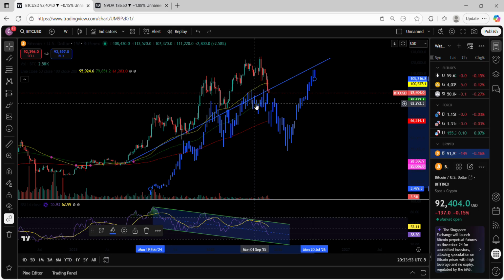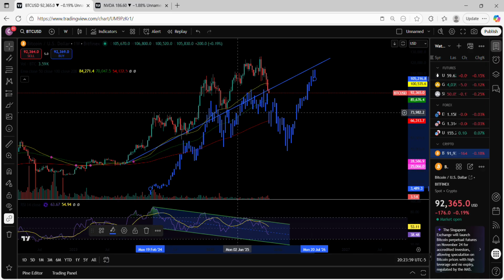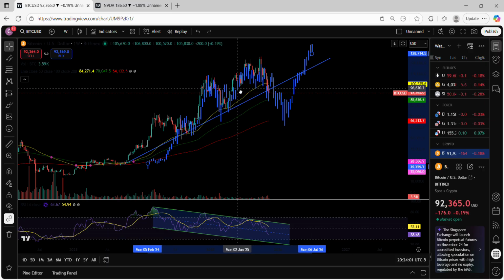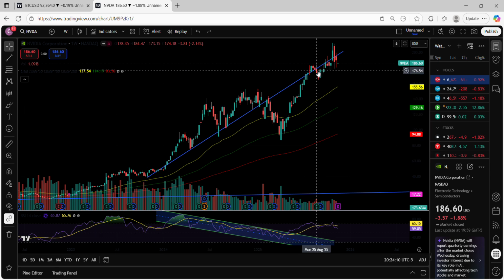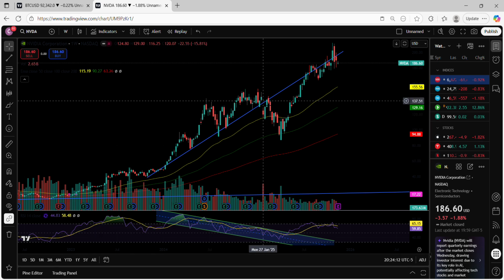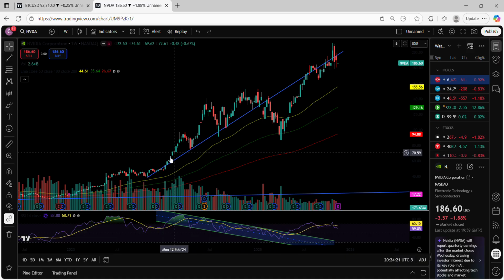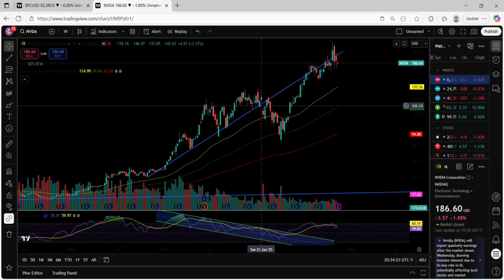It's like it's an incomplete move of Nvidia. Where we are in Bitcoin in November of 2025, we were basically at that point. If you look back at the Nvidia chart, let me get rid of this for a second. We're basically at the same spot that occurred in Nvidia in January of 2025. It broke this resistance line here in January.